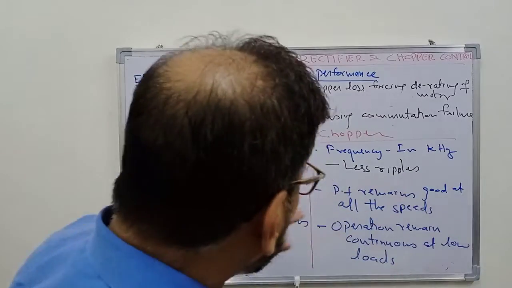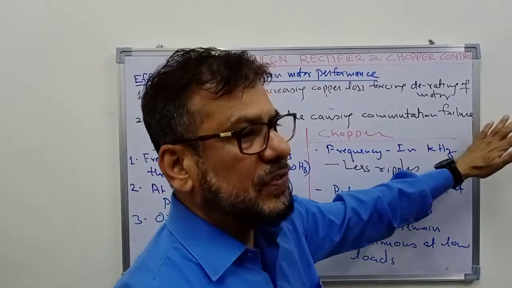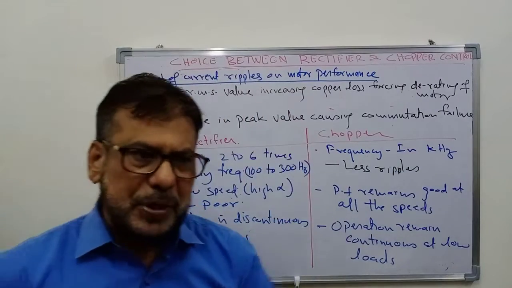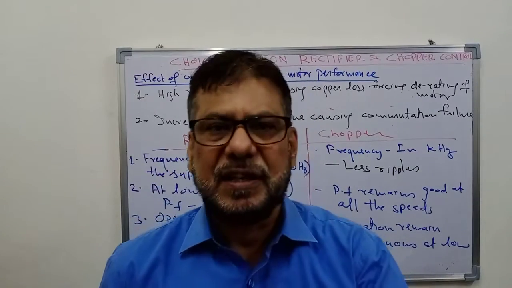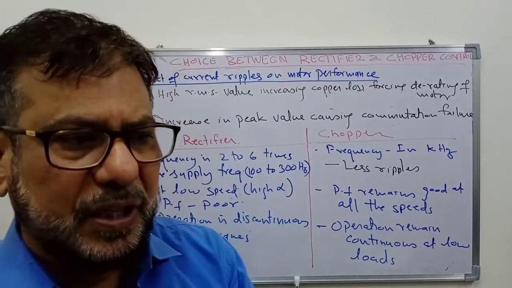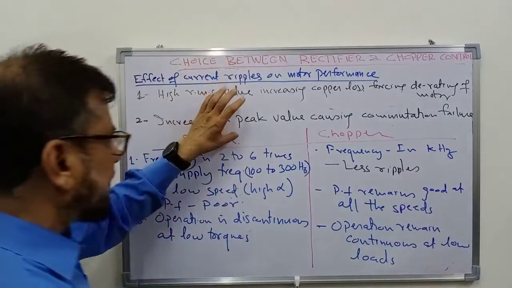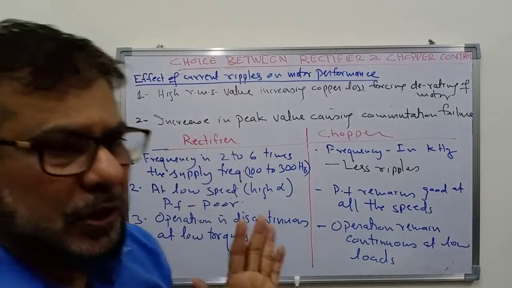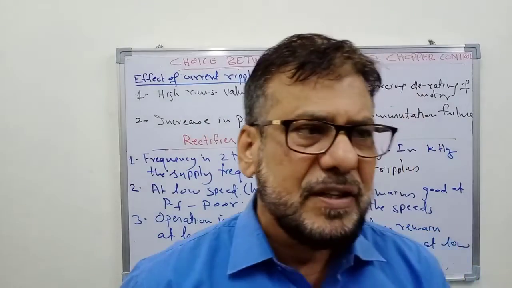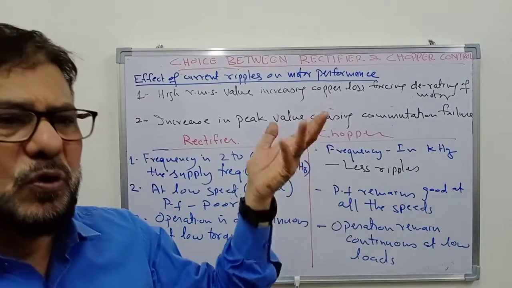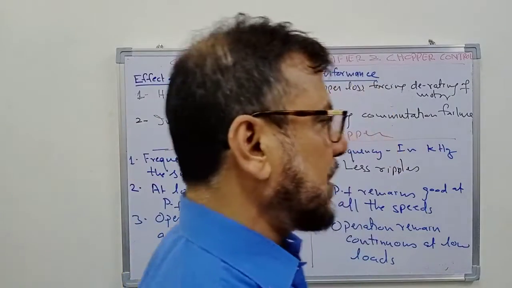So that also will cause derating of the motor. You have to reduce the load of the motor so that the peak current doesn't exceed the permissible current from the commutation point of view. So these two factors cause derating of the motor. This means that the higher the ripples, the worse the performance of the motor, and you have to go for further derating of the motor.